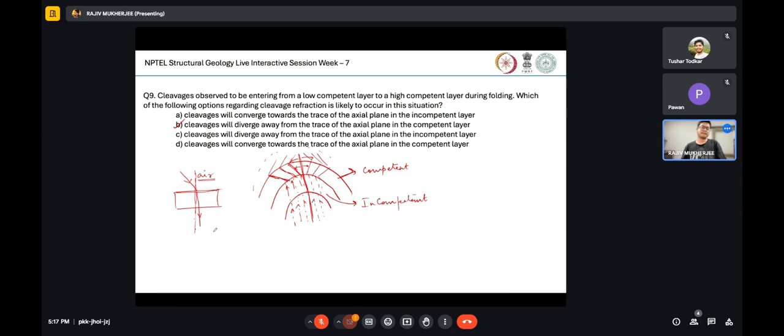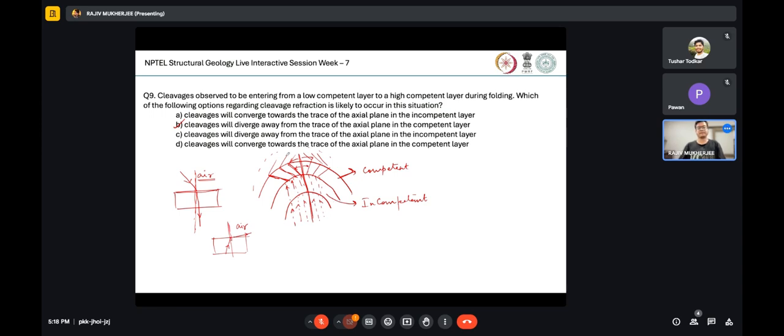And if the light beam is entering low refractive index material from high refractive index material, it will diverge from the principal axis, this one.